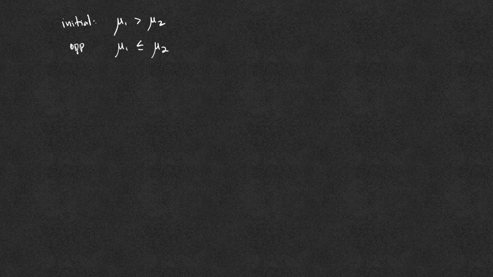Similar to the process of hypothesis testing for the null and alternative hypotheses, of the two statements, the one that does not have the equal sign will be the alternative hypothesis. Thus, the null hypothesis is the statement of indifference, mu1 equals mu2, and the alternative hypothesis is mu1 greater than mu2.